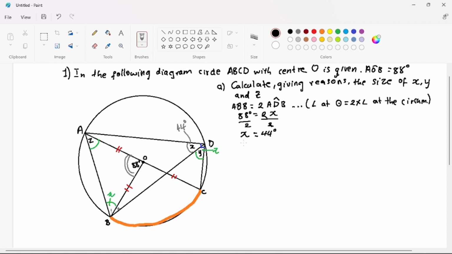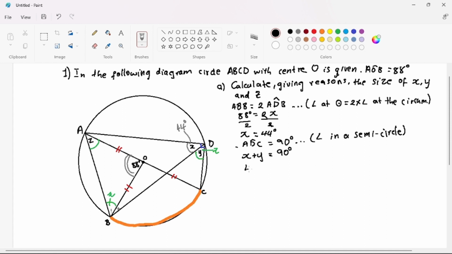So we can say angle ADC is equal to 90 degrees. Our reasoning is going to be angle in a semicircle, right? And then after stating that, you need to say x plus y is equal to 90 degrees, because angle ADC is actually x plus y, isn't it?